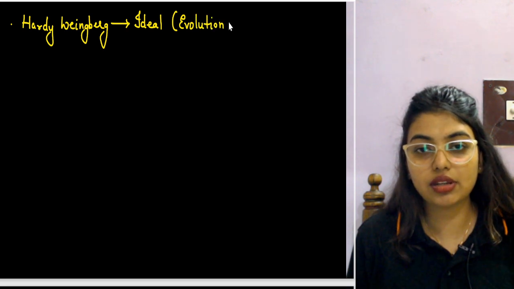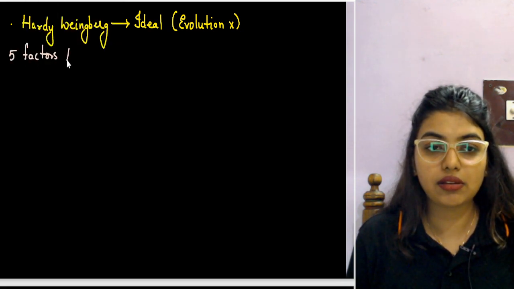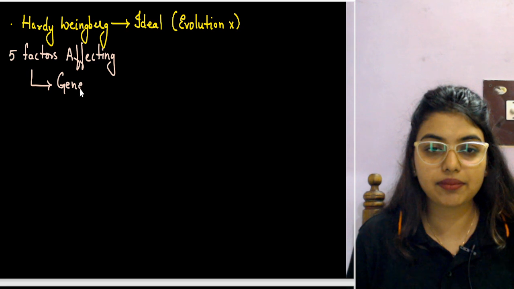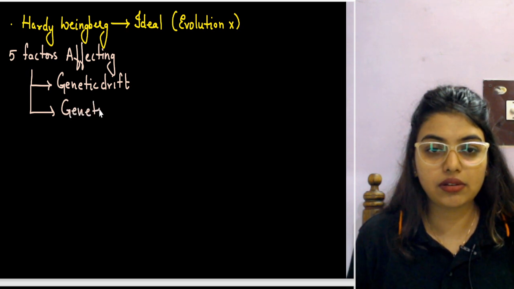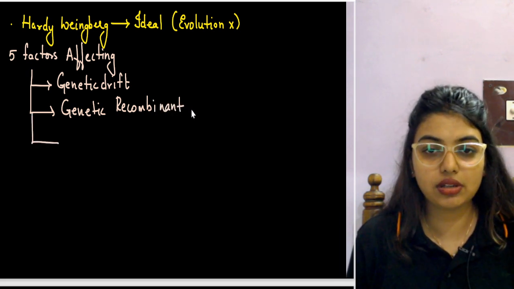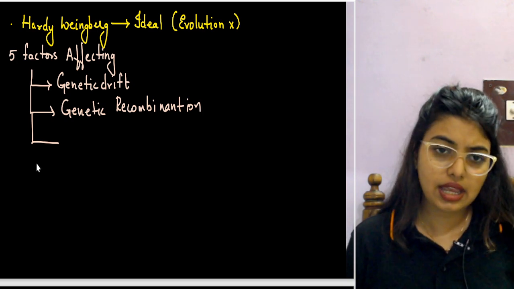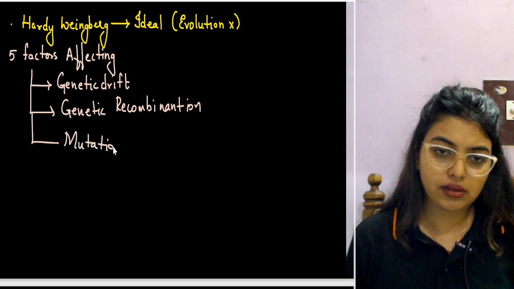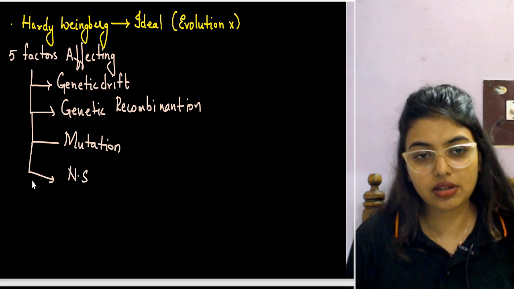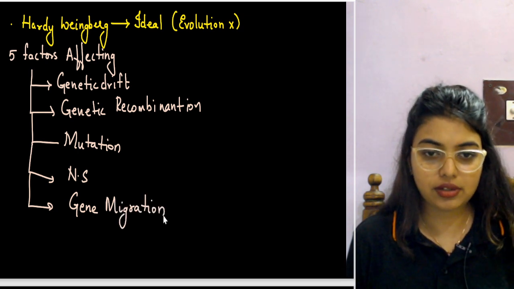The five factors affecting this principle are genetic drift, genetic recombination, mutation, natural selection, and gene migration. These are the things that are happening.